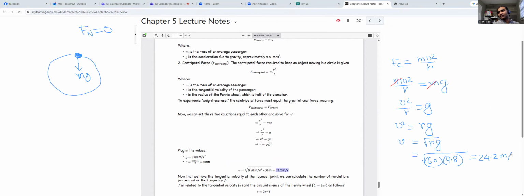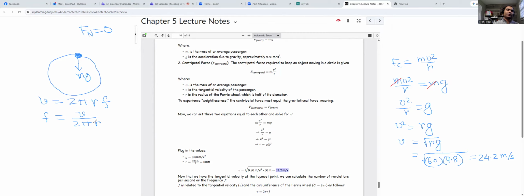Right? Now, it tells us to calculate the frequency, not the speed. So that means we have to find the frequency's relation to the speed. And we already know that v is equal to 2 pi r f. So f should be equal to v over 2 pi r, right?